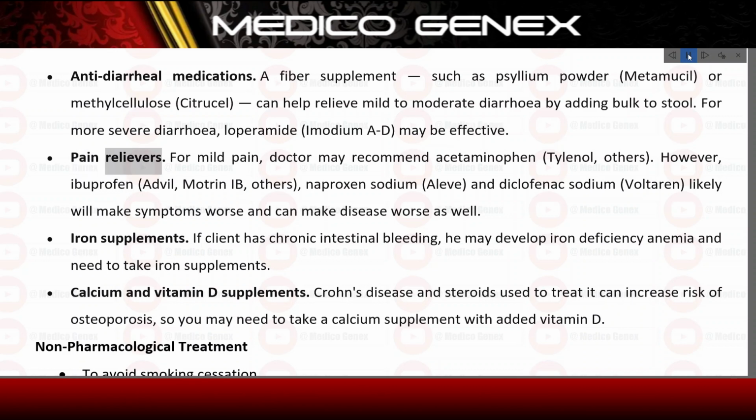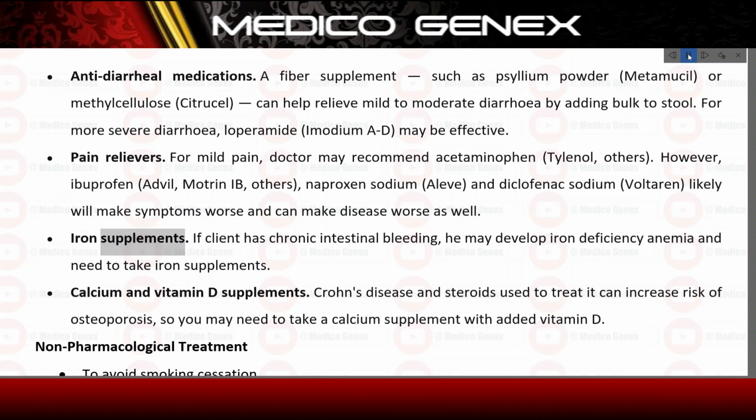Pain relievers. For mild pain, the doctor may recommend acetaminophen (Tylenol, others). However, ibuprofen (Advil, Motrin IB, others), naproxen sodium (Aleve), and diclofenac sodium (Voltaren) likely will make symptoms worse and can make the disease worse as well.